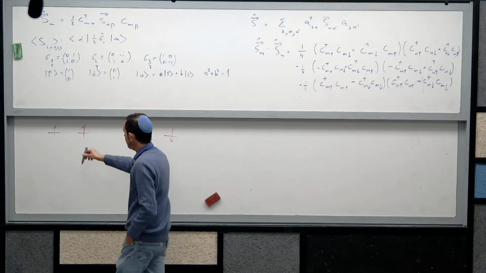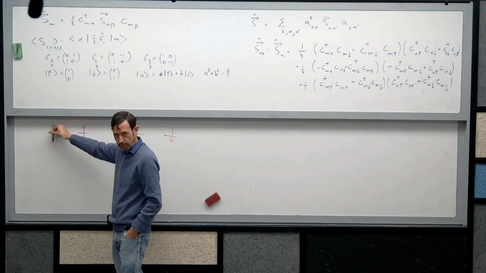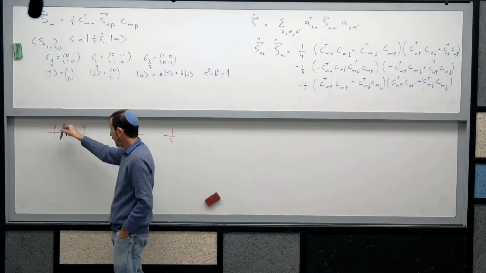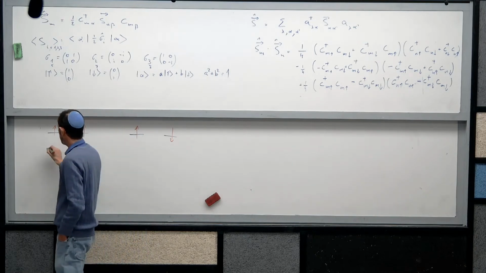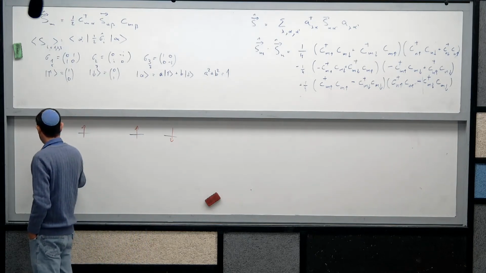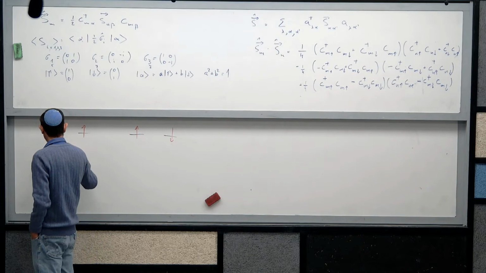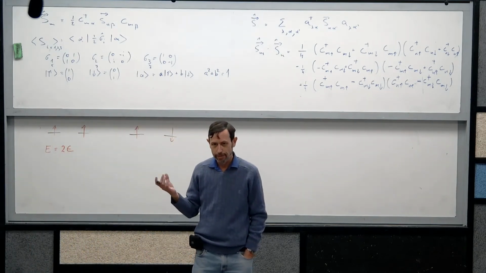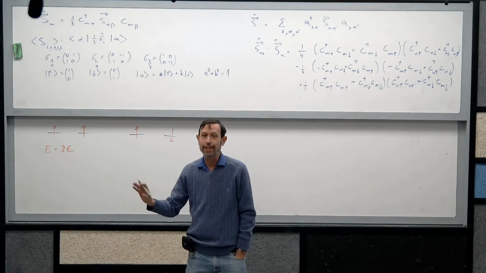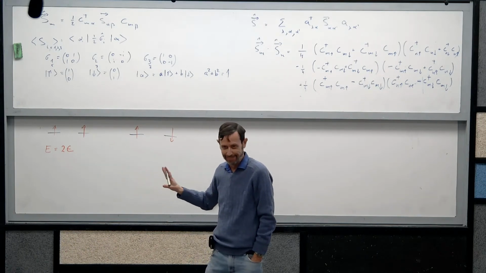Why? Because I can't have a situation where this moves here. I can't have a situation where this moves here. So basically the energy of this state is extremely simple to calculate, just 2E. I finished, I solved the problem.